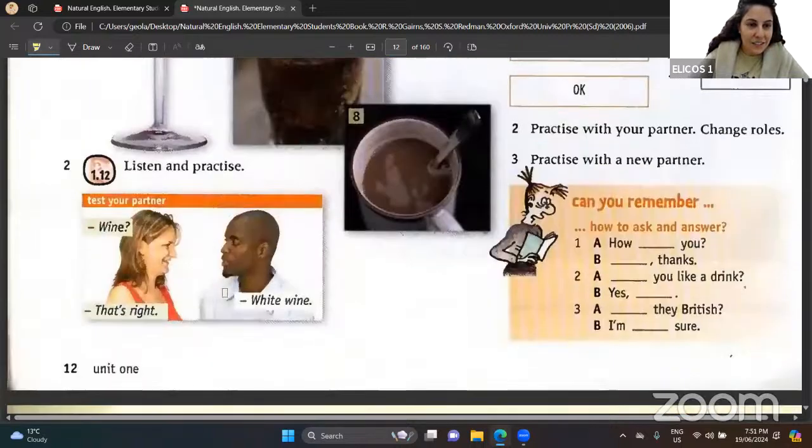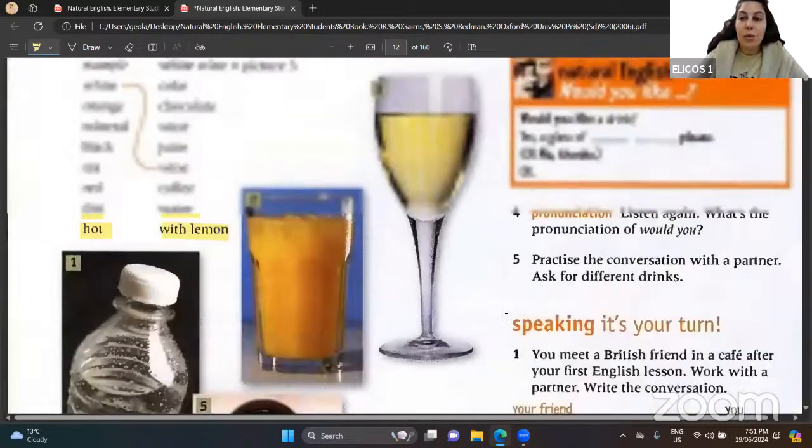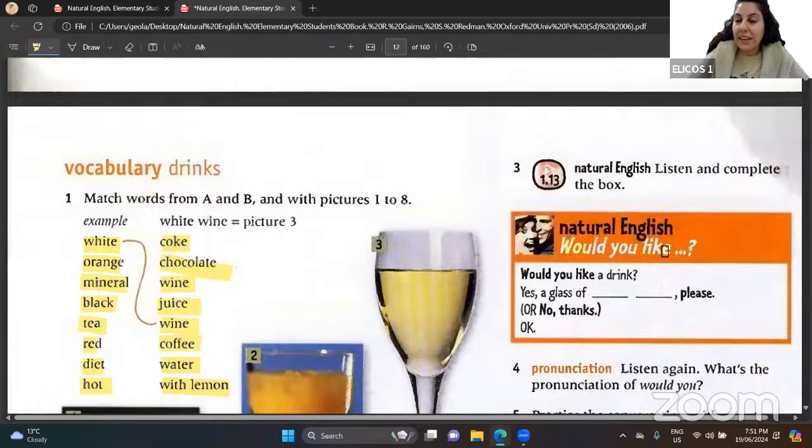So let's have a look at this little dialogue. She says wine, and he says white wine. And she says, that's right. Because there's two types of wine, red and white. Would you like? So when we want to ask someone if they want a drink, we would say, would you like? It's the more polite way instead of saying, do you want? So would you like a drink?